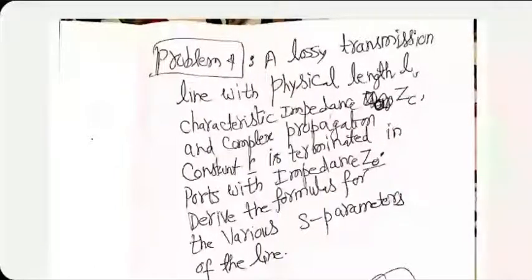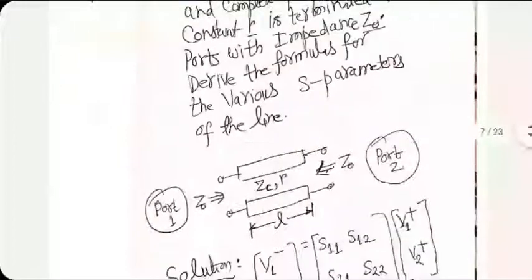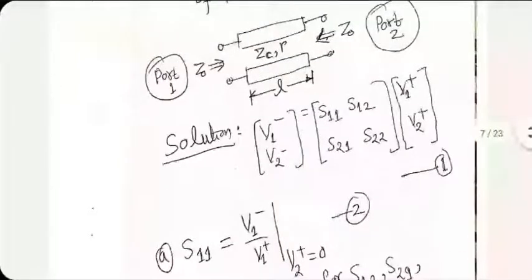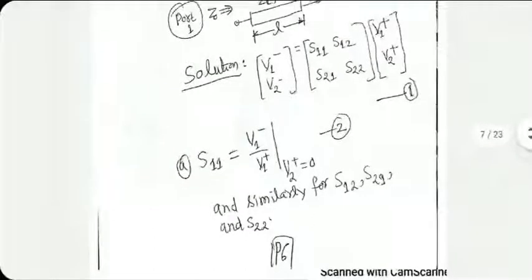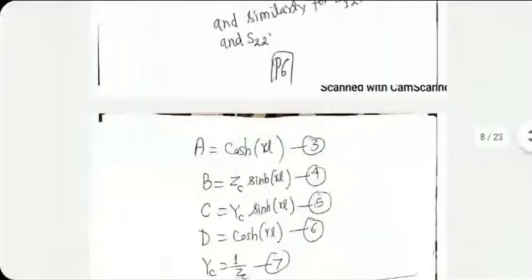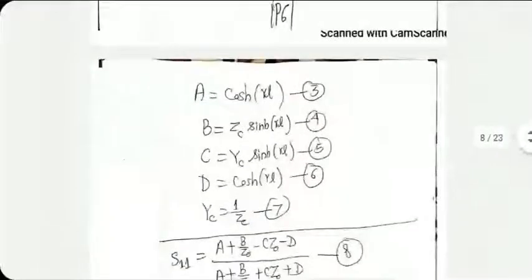So I tried doing this derivation ab initio also. It was getting too involved, so I decided to use formulas here also. You can definitely go for an approach where you start with the basic definitions of the 4 S parameters and try working out the formulas. But instead of that, I took the more reliable approach of starting with ABCD parameters of the line.